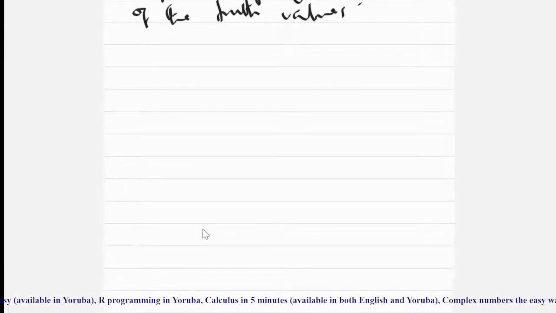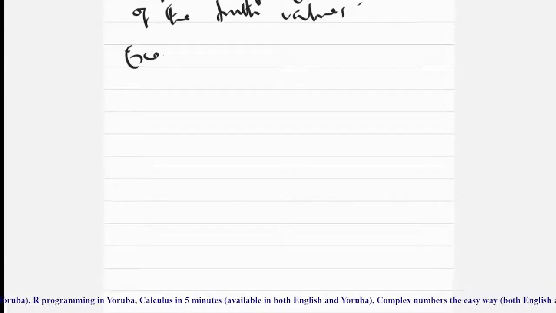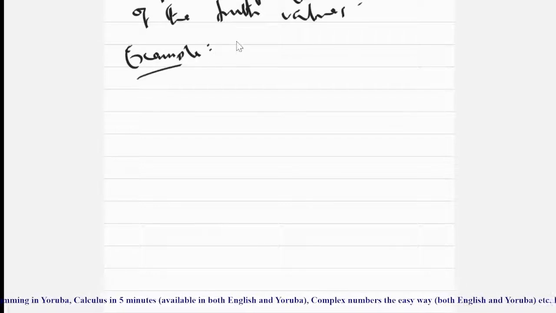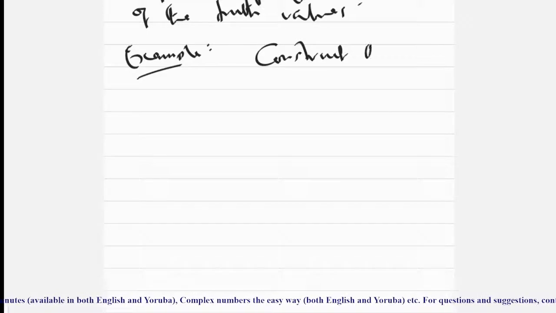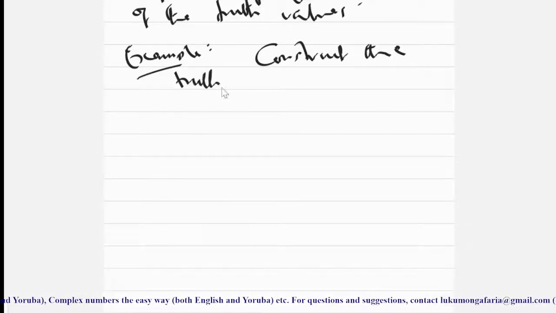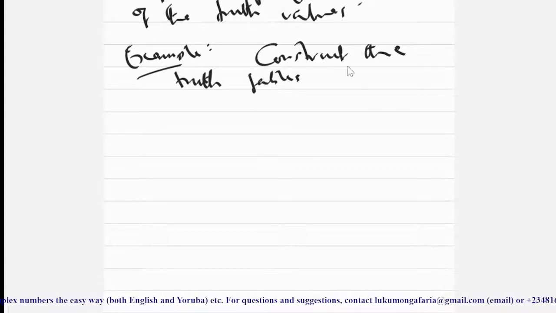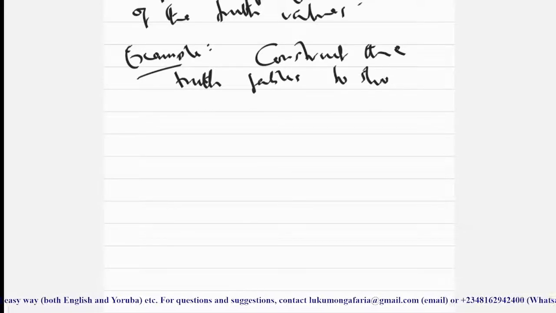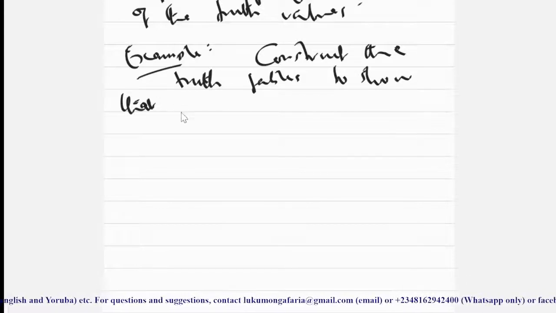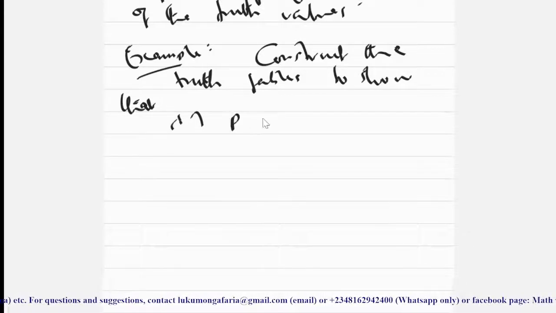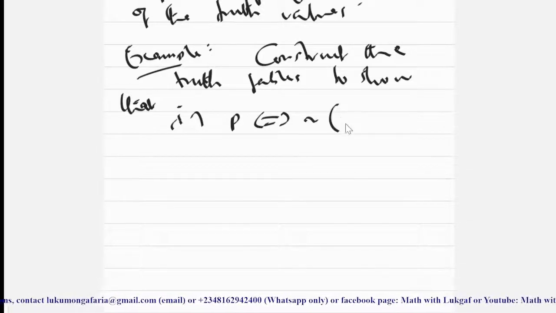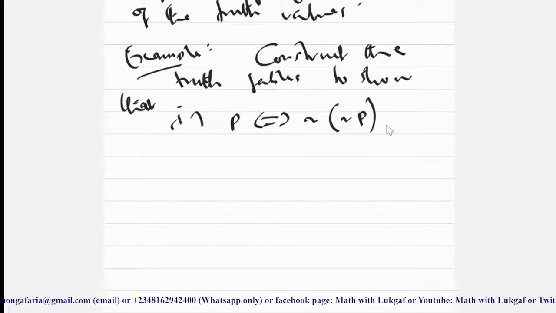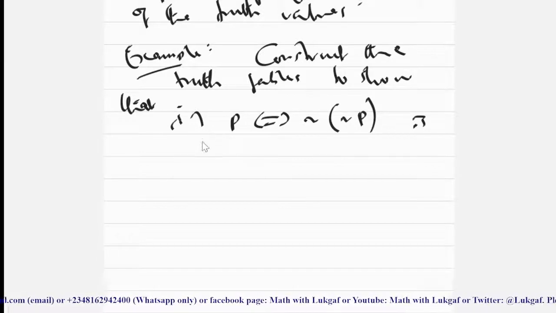So let me give you an example to back it up so that you see what I'm trying to say. Example number 1. We are asked to construct the truth tables to show that number 1, P if and only if negation of P, is a tautology. What is a tautology?